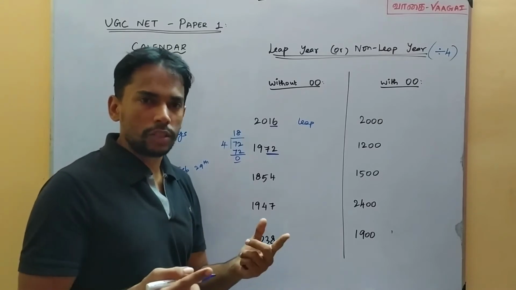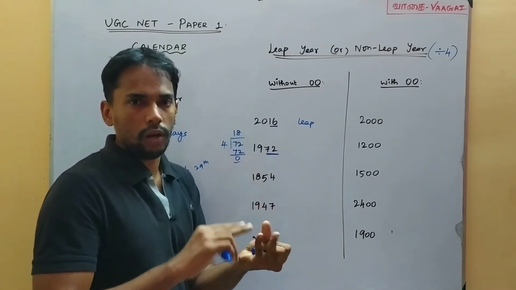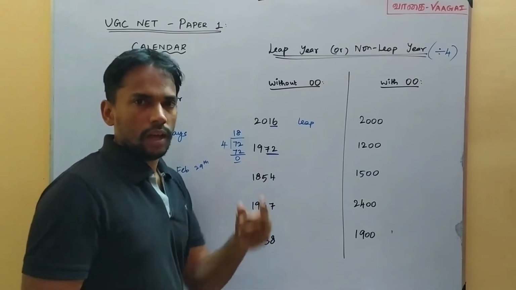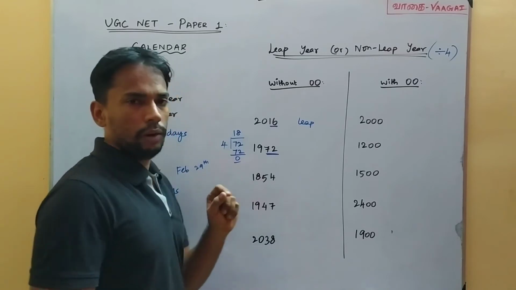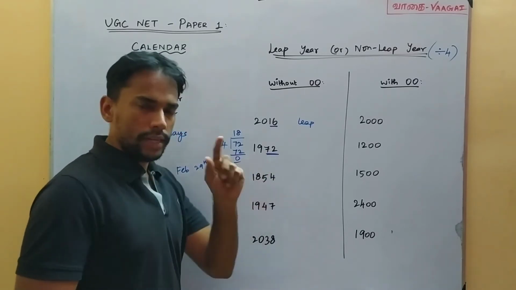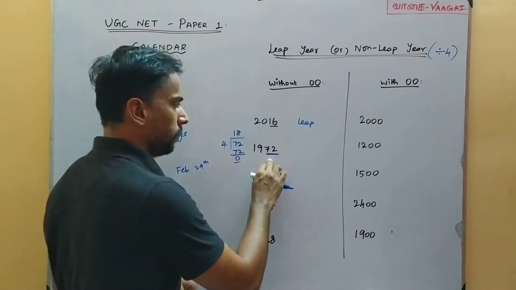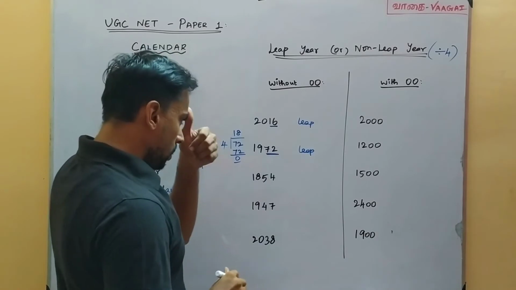If it is not divisible, we may get some other remainder, like 1, 2, 3. That will say that the number is not divisible by 4. Here we get remainder 0, so sure, our number 72 is divisible by 4. So that means the year 1972 is going to be a leap year.